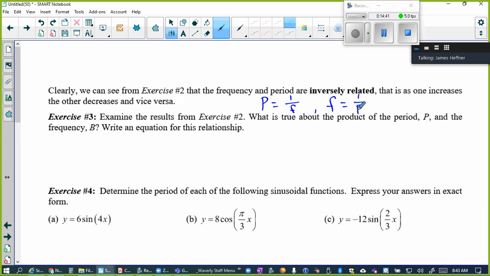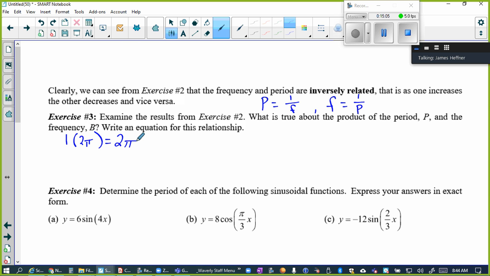So examine the results from exercise 2. What's true about the period P and the frequency B? Well, let's look at one of the periods. For y equals 3 cosine x, the first period was just 1 times 2 pi, which is 2 pi, is it not? Yes.